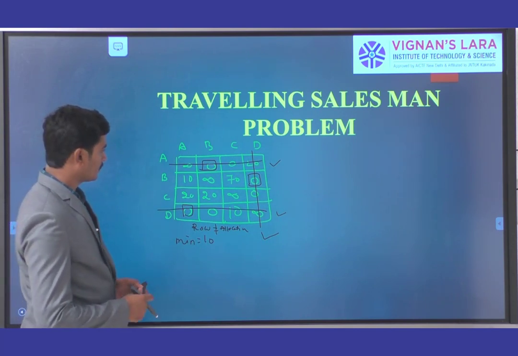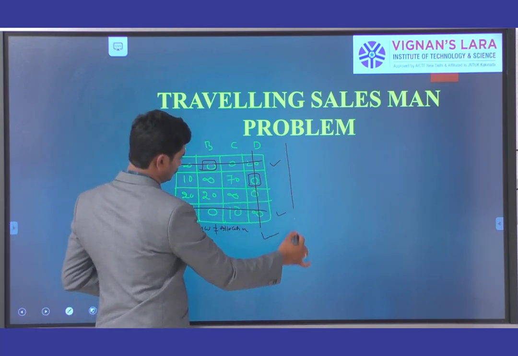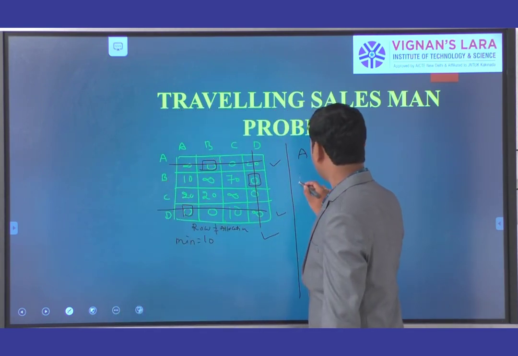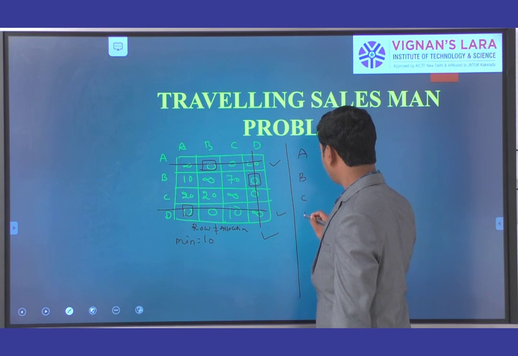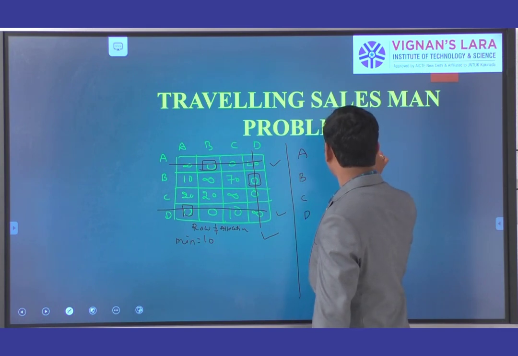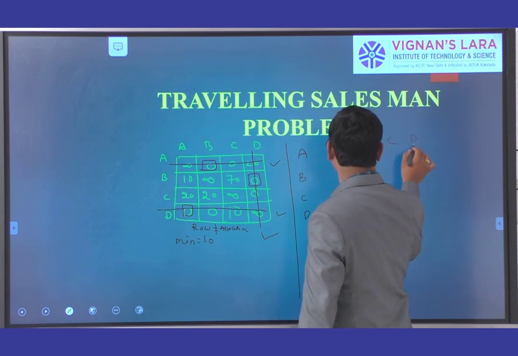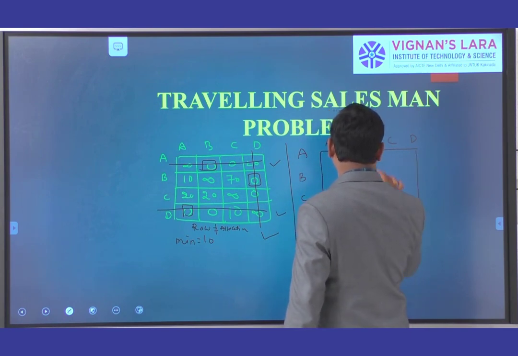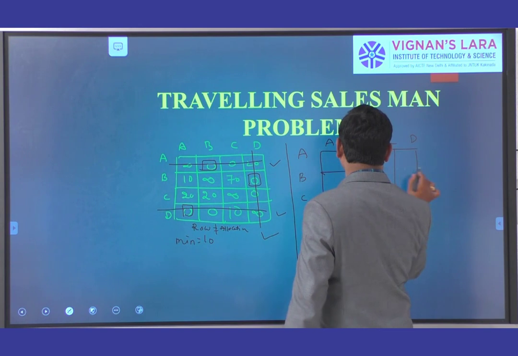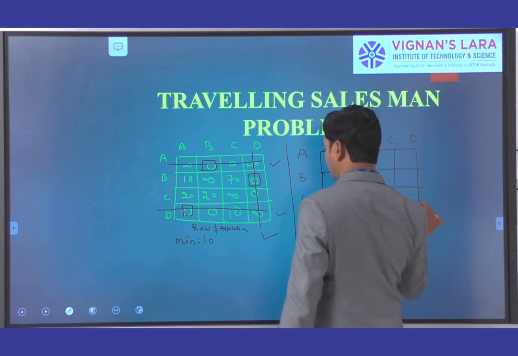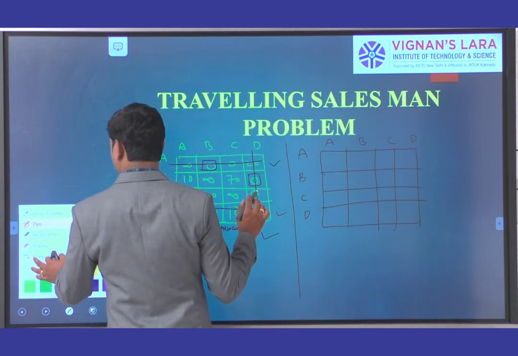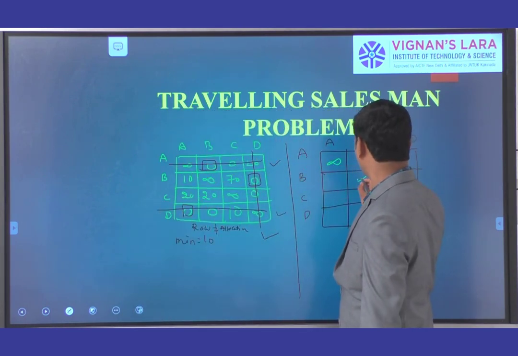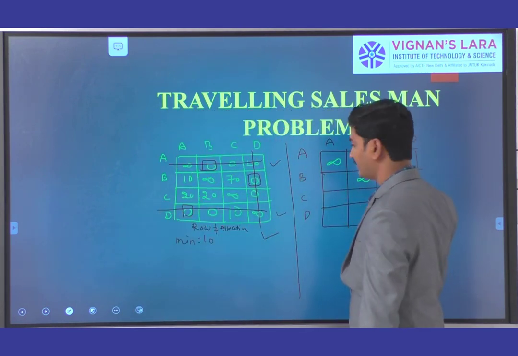Next, we are going to rewrite this: A, B, C, D. Here infinity is there, infinity.